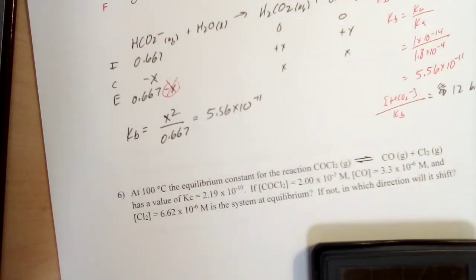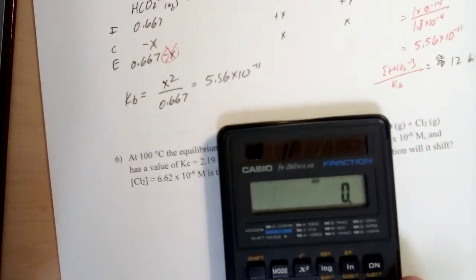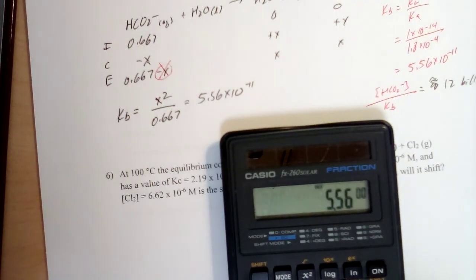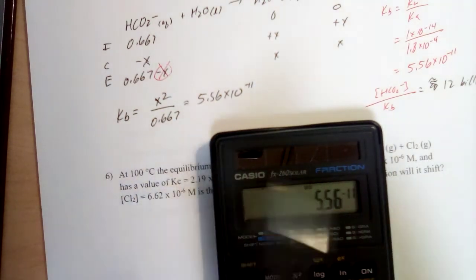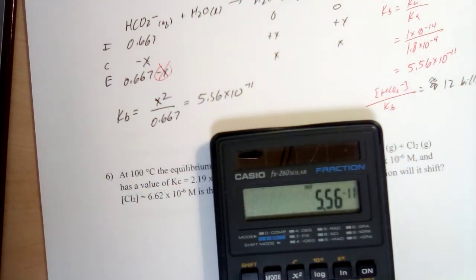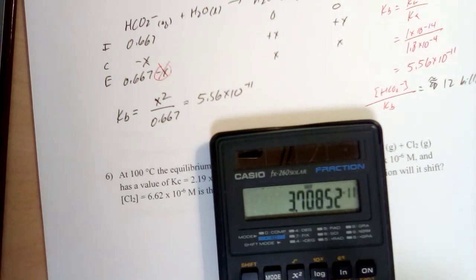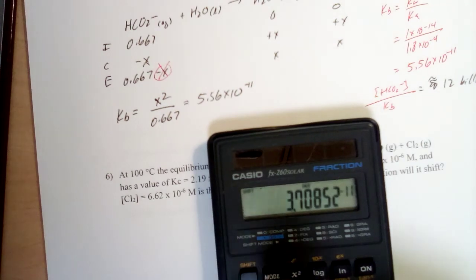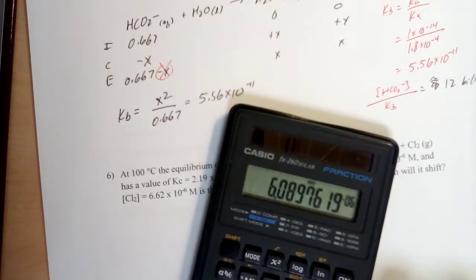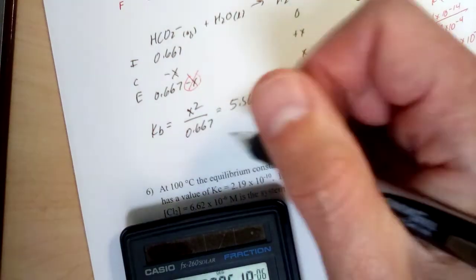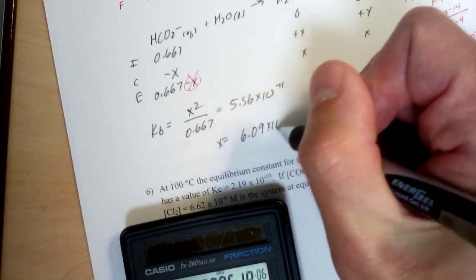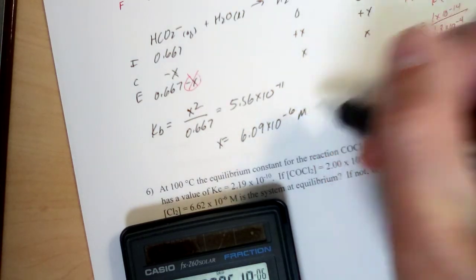If we go through and solve for x there, let me get the calculator on the screen because I'm not going to write it all down. 5.56 times 10 to the minus 11th, multiply both sides by 0.667, and that would be x squared is equal to this. So take the square root, and that will give us the value of x. X in this case is 6.09 times 10 to the minus 6th molar.